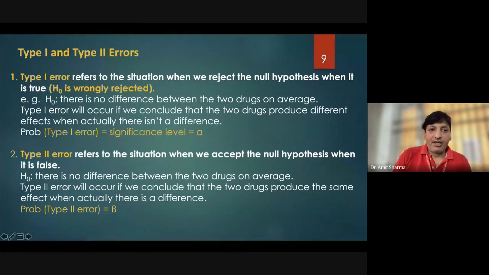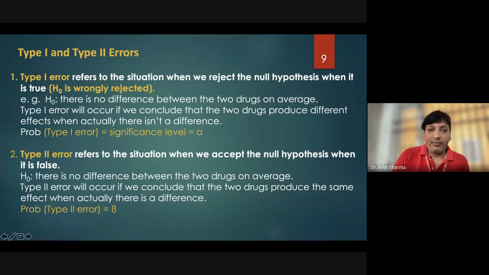Example, you can see there is no difference between the two drugs on average. This we have quoted. So in this case, type 1 error will occur if we conclude that two drugs produce different effects when actually there is not a difference.